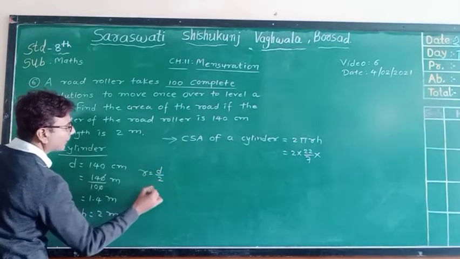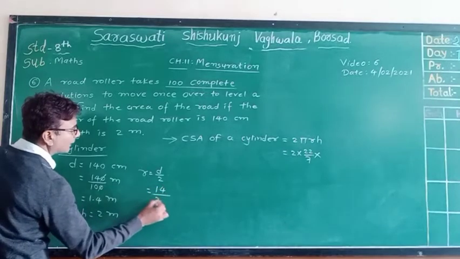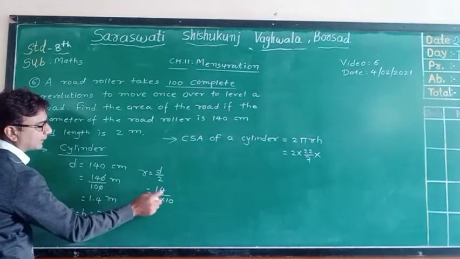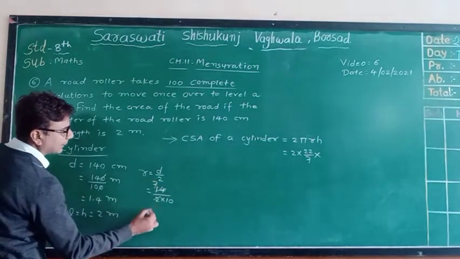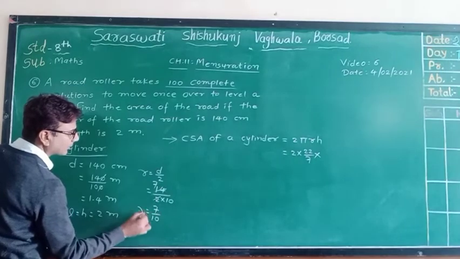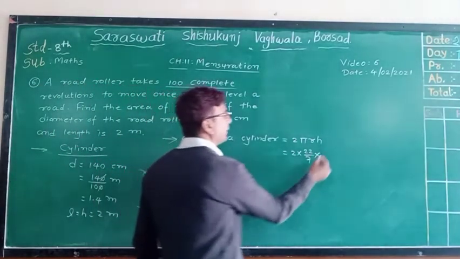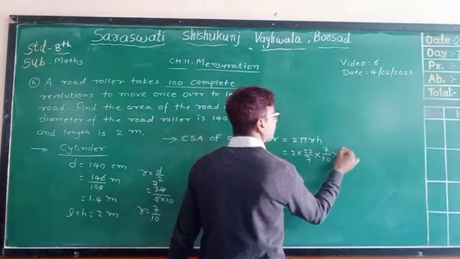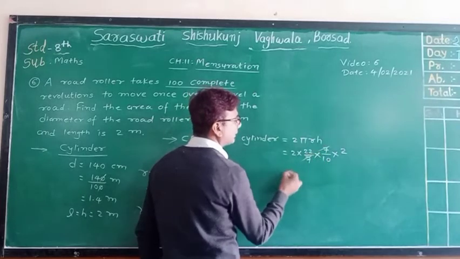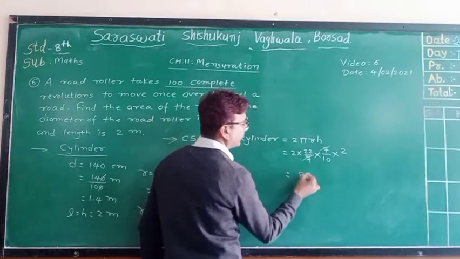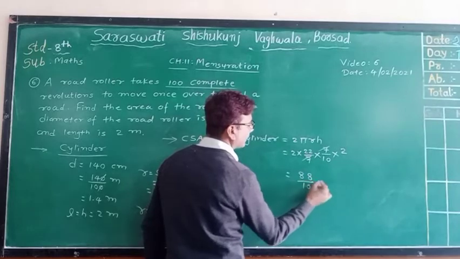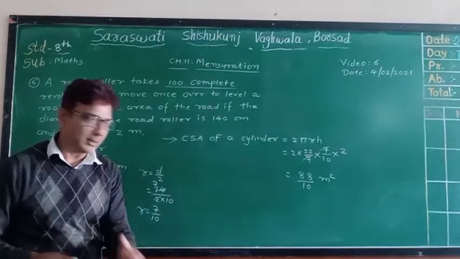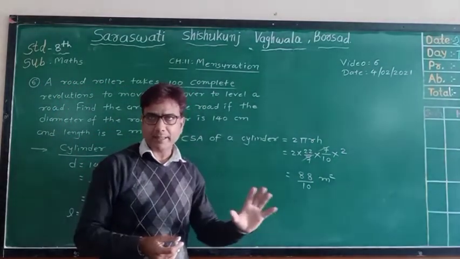Radius means diameter by 2. So diameter 1.4 by 2, so radius is 7 by 10. Now height is 2, so 7 by 22 to the 44 to the 88 by 10. That means if a roller moves one time, it can cover 8.8 meter square area of the land.